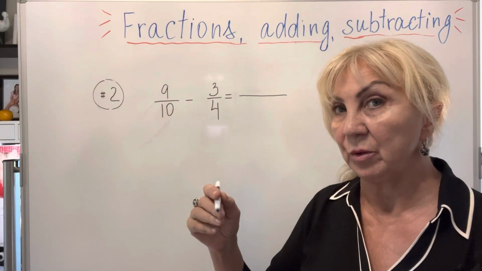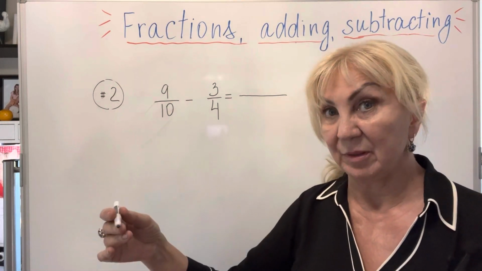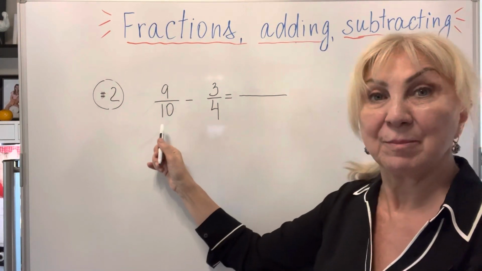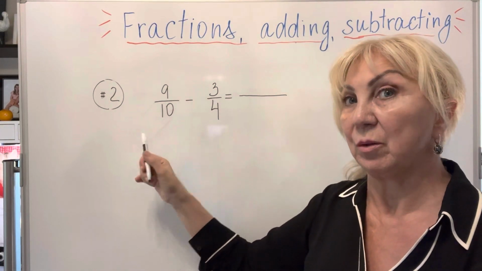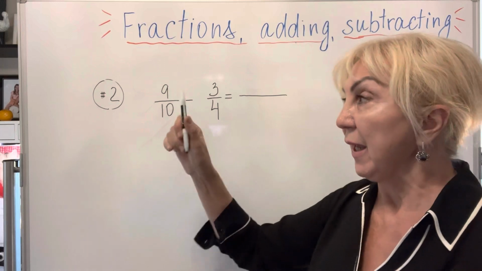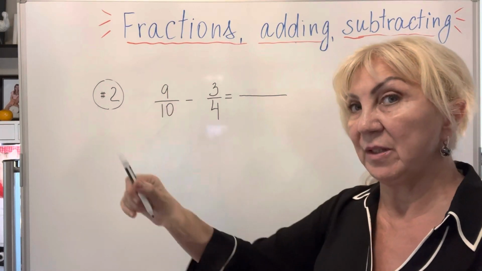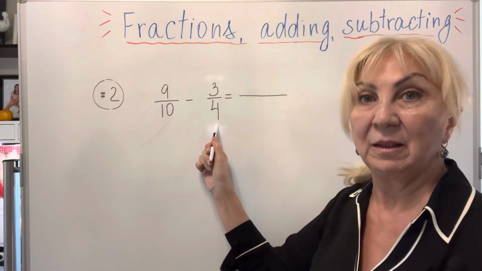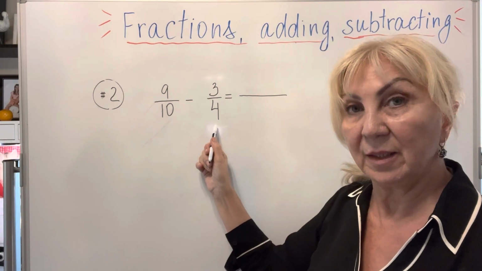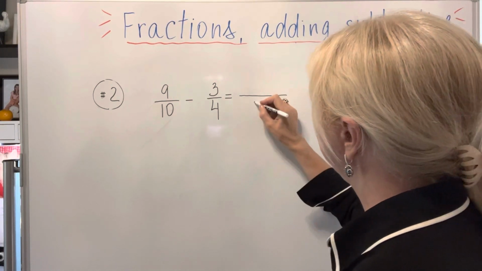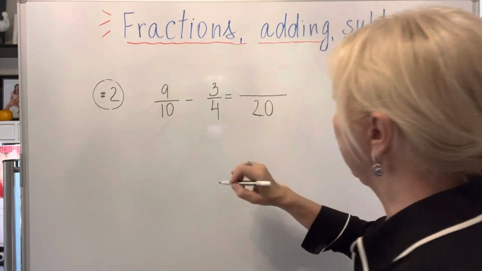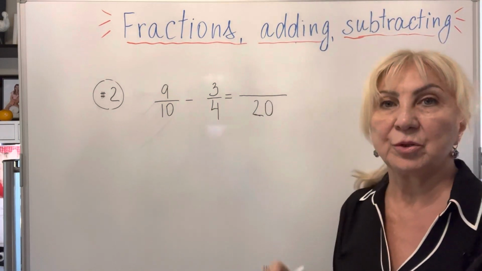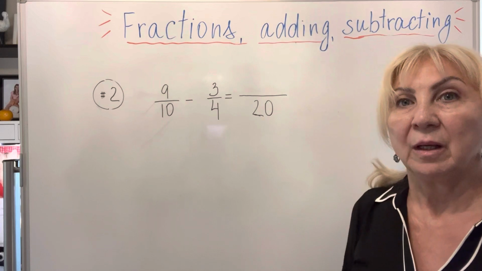So what we have to do is find multiples, right? The next multiple of 10 is 20, because 10 times 2. And see if 20 is divisible by the second denominator. Yes, it is. So 20 would be the least common denominator of those two numbers.